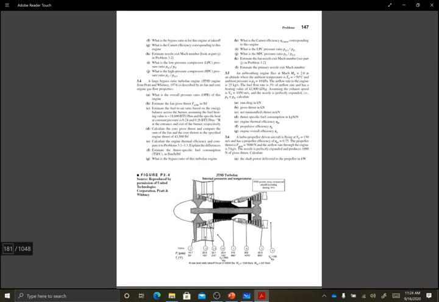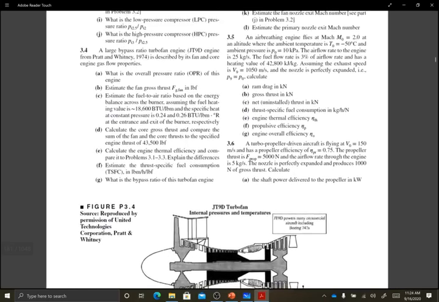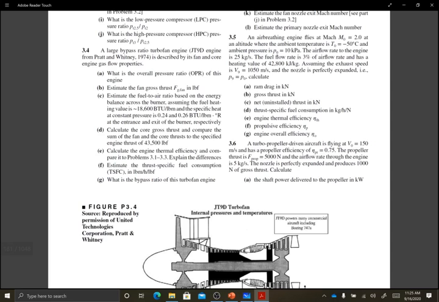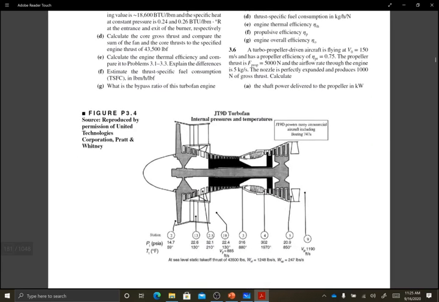Here. Yeah, so this is the question we want to work on. This is problem 3.4, as you can see here. This is the engine that you are supposed to work on. We are given the total pressure at different stages, right? And we also have the total temperature at different stages. This is what you usually get when you are dealing with one of these problems.